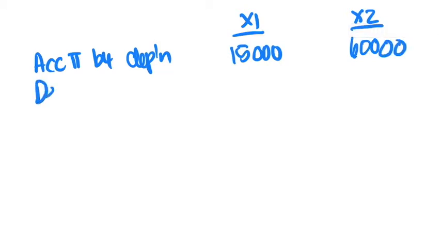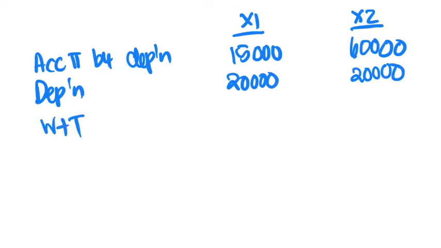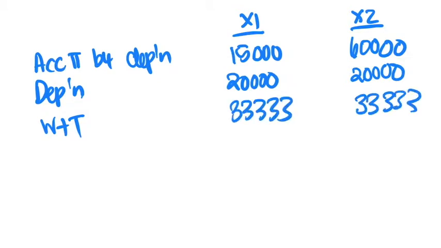And then every year we know that the depreciation is going to be 20,000 because it's being depreciated over 5 years. And we have our wear and tear, and our wear and tear allowances are over 3 years. So it's about 33,333 that we get to write off each year.